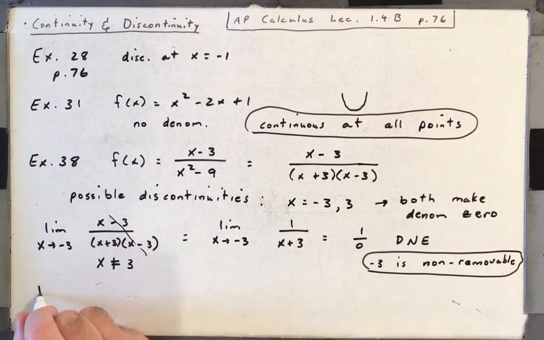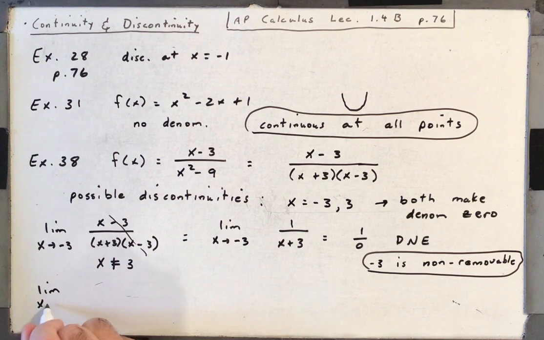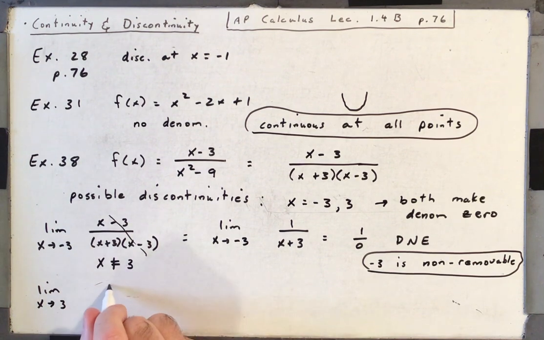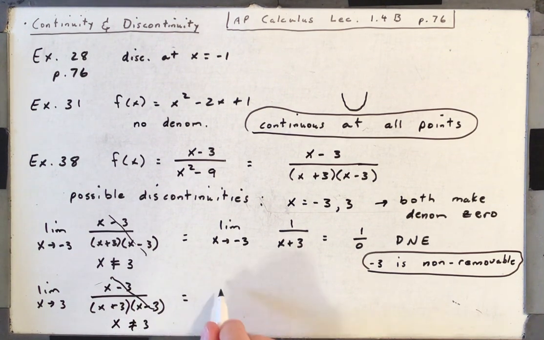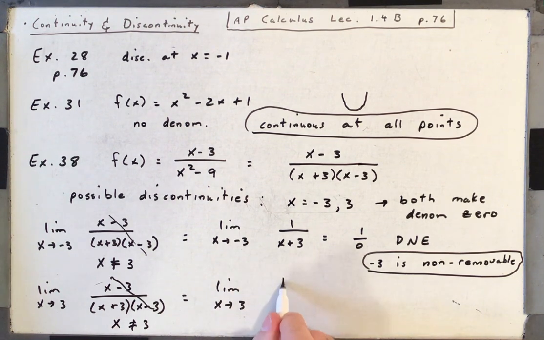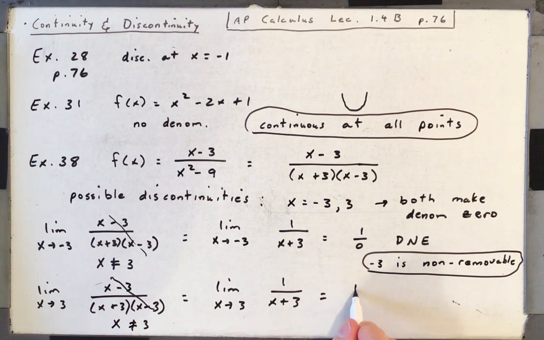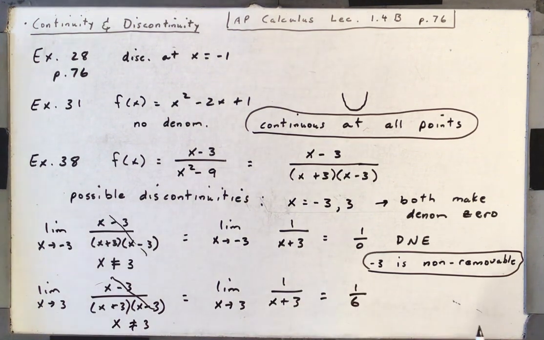Let's look at the other one. The limit as x approaches 3 of x minus 3 over x plus 3 times x minus 3. Again, we can cross out x minus 3 as long as x does not equal 3. That's going to be the limit as x approaches 3 of 1 over x plus 3, which is 1/6. So we got an answer on that one.